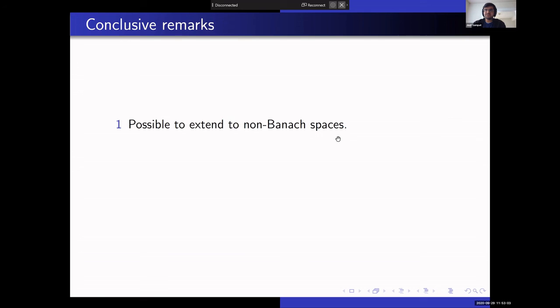And the second is when I'm showing that D hat is inside the right heart spectrum. For spaces like HP, when p is between 0 and 1, you still have a metric, and that seems to do the job just fine. You just have to go through and write down all the details a little bit carefully, and you can extend these results to HP spaces for p between 0 and 1 as well.